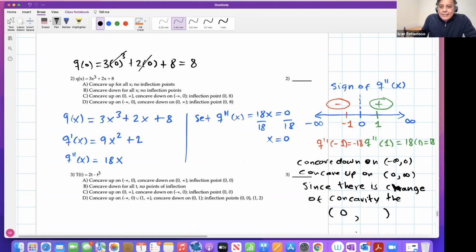So since there is a change of concavity, then 0, its partner 8, is an inflection point. Very good. So therefore, the answer for number 2 must be this one, this guy.